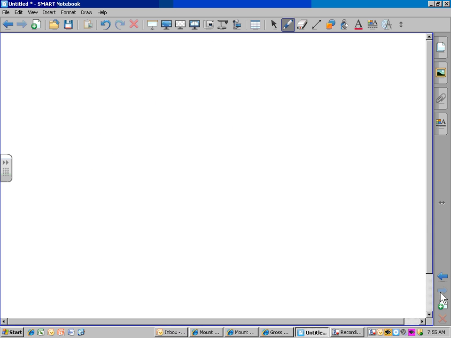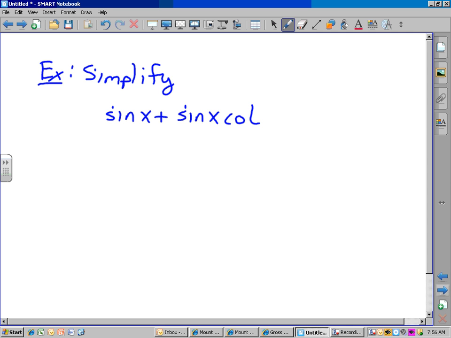The most important thing that we're going to do with these is simplify. We're going to simplify sine of x plus sine of x cotangent squared of x. Usually when you're asked to simplify something, it will break down to something very simple.